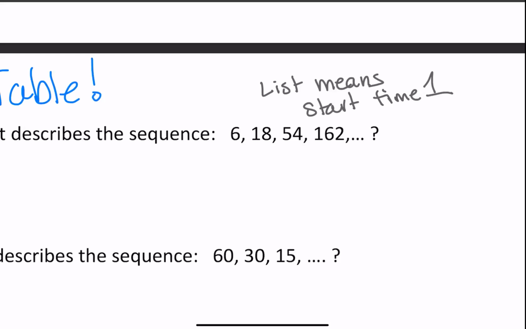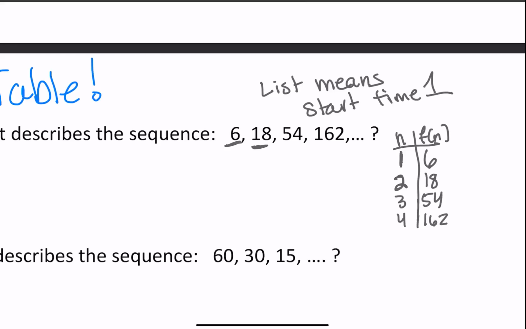So for example, make my table. We got n, we got f of n. Start with time 1. Well, what that means is 6 is my first number. 18 is my second number, so I write 2 and 18. Then the third number is 54. Our fourth number is 162.